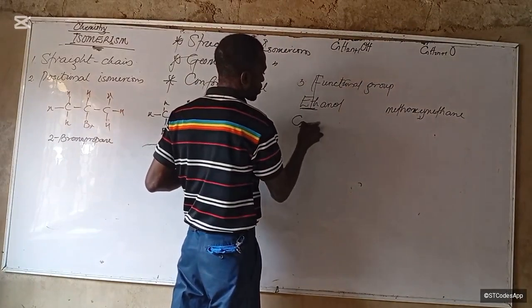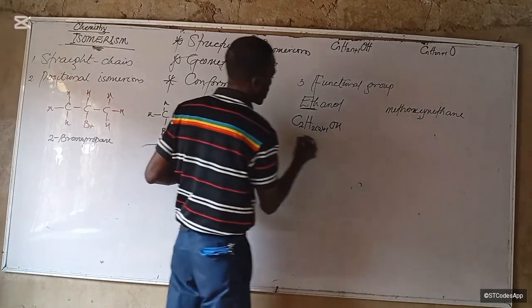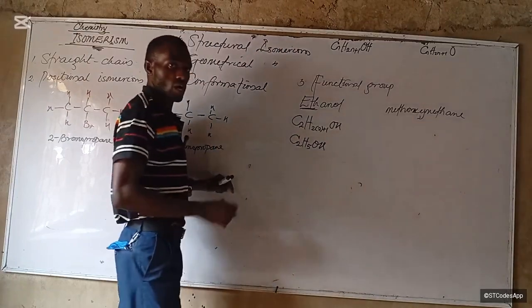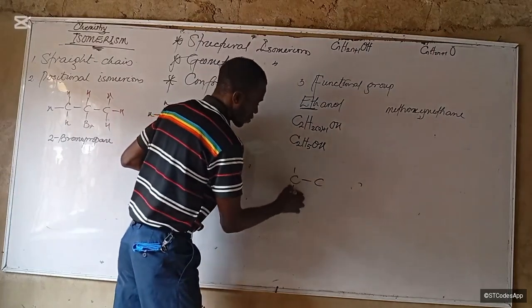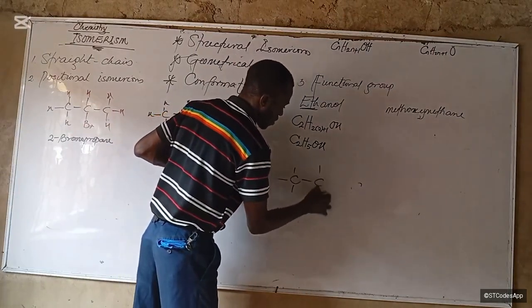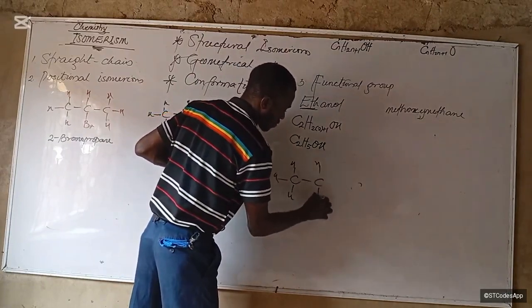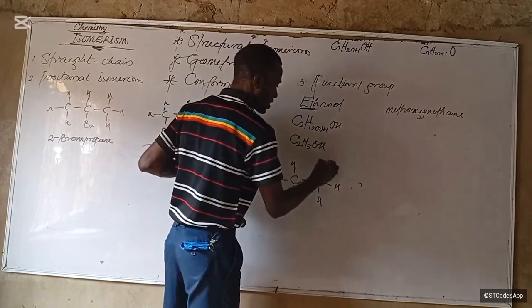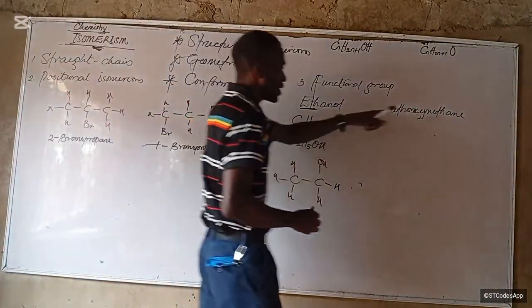So what we have is C2H2(2)+1OH. That becomes C2H5OH. Structurally we have 2 carbons, 1, 2, 3, 4, 5 H's, then OH will now be attached to one of them. Do you get it?